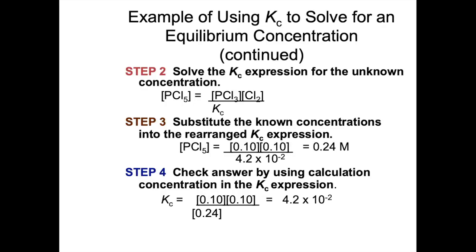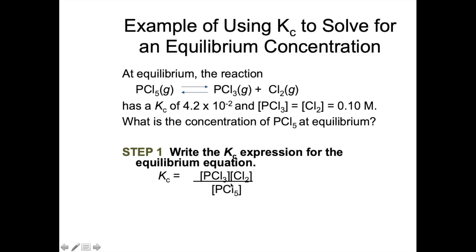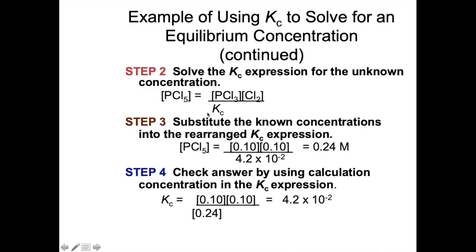But if you rearrange this, you should get PCl5 is equal to our concentration of PCl3 times our concentration of chlorine divided by the equilibrium constant. If you have trouble seeing that, it might be easier to just try multiplying PCl5 up here first, and that way everything's on one line. And then, of course, to get PCl5 by itself, you want to divide Kc to the opposite side. And that's what's going on here.